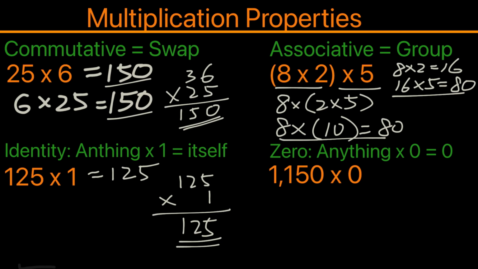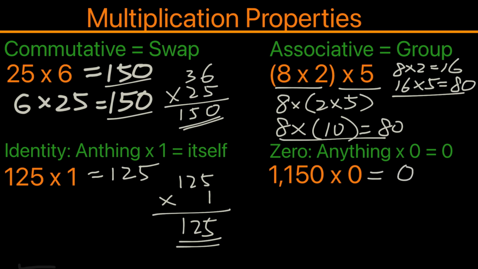When you multiply anything by 1, the answer will be itself. And lastly, we have the zero property. And zero property states anything multiplied by 0 will become 0. So we have an example of 1,150 times 0, and the answer will be 0.